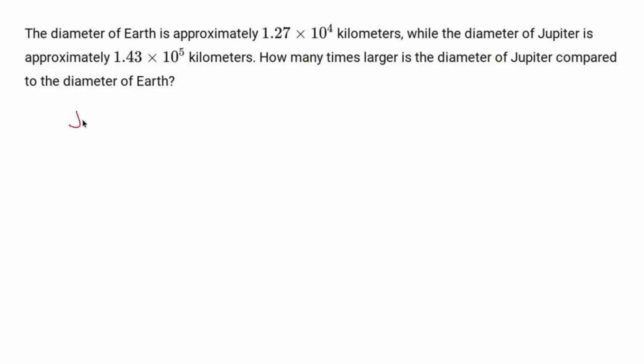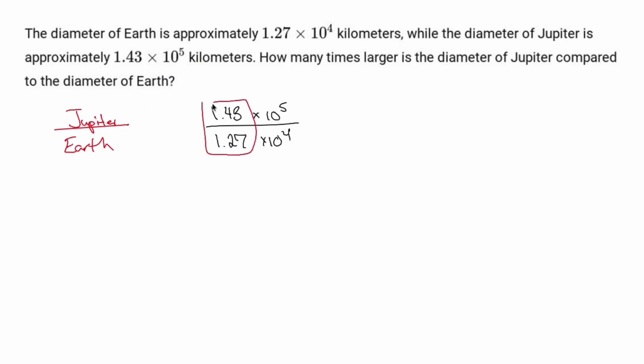So we're going to divide Jupiter over Earth. That's how we're going to do it. Jupiter was 1.43 times 10 to the fifth. Earth is 1.27 times 10 to the fourth. Okay, these guys are like terms, so divide them.